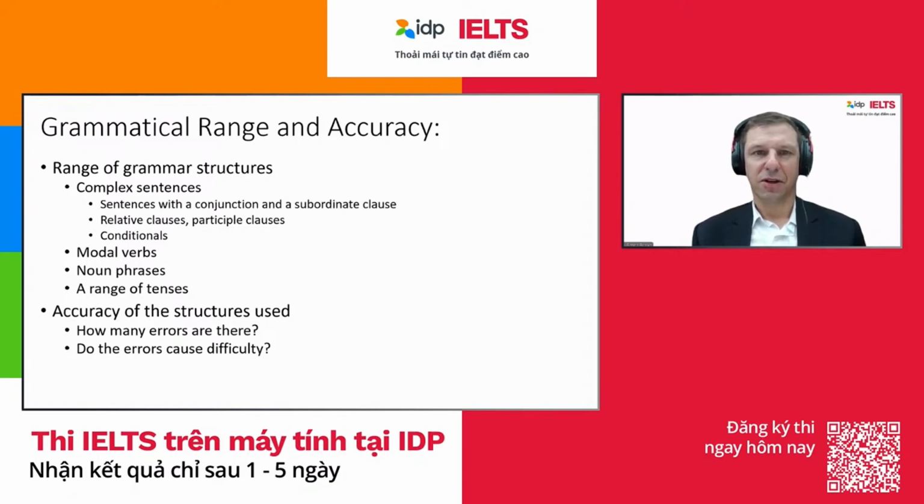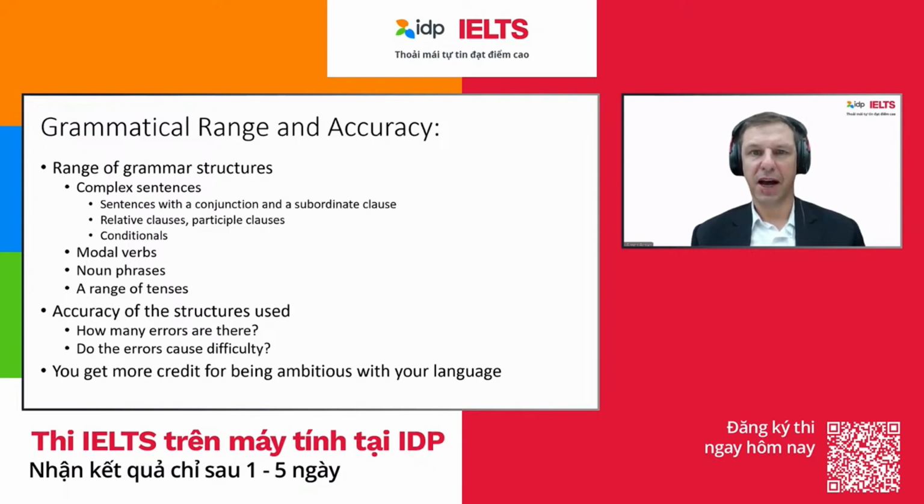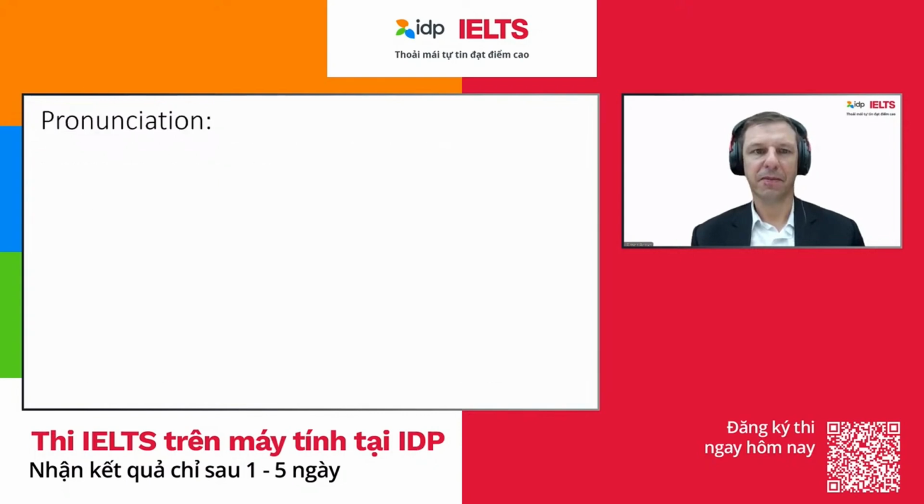Don't use simple language and try to get it all right. You will not be rewarded for that. It's very important that you use as wide a range as you can and worry about fixing the errors later. So you get more credit for being ambitious with your language. Even if you make lots of mistakes, you will generally get a higher score if you use more complex language.